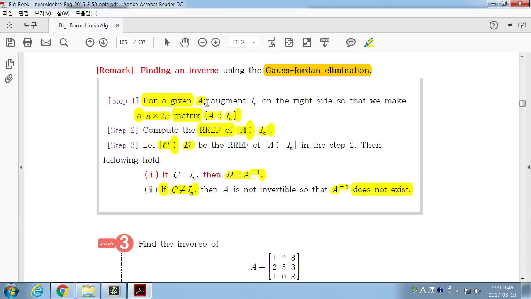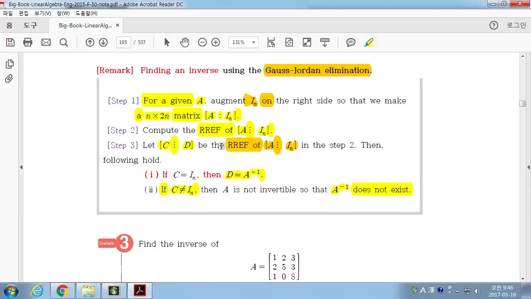For an n by n matrix A, with the n by n identity matrix In, for a given matrix A, define an n by 2n matrix [A | In] like this. Then find the RREF of this matrix. Let the RREF of this n by 2n matrix be [C | D] like this. Okay. So you can do it.